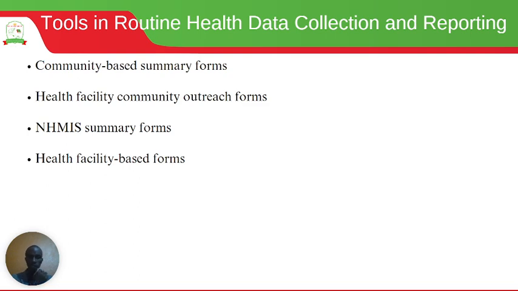Then the National Health Management Information System summary forms is more of the general form that includes all these other forms. Then we also have health facility based forms, which could include outpatient, inpatient, and all the forms that are used to collect data and aggregate it so that it aids in good reporting of these conditions and whatever they have done in that health facility.